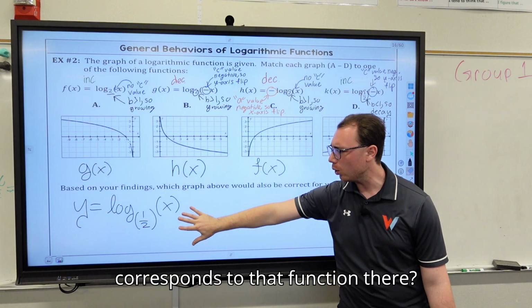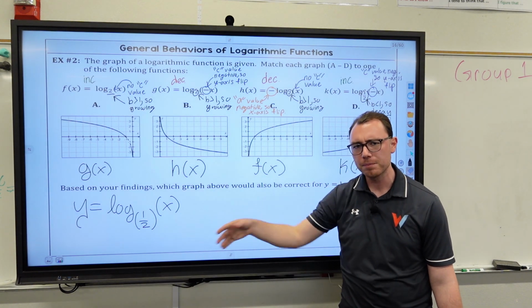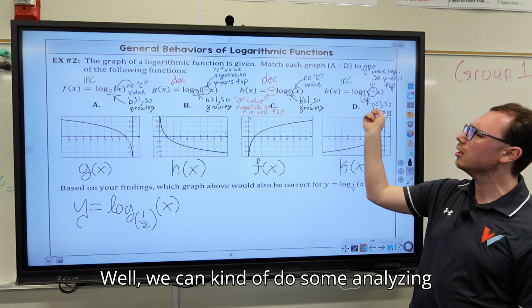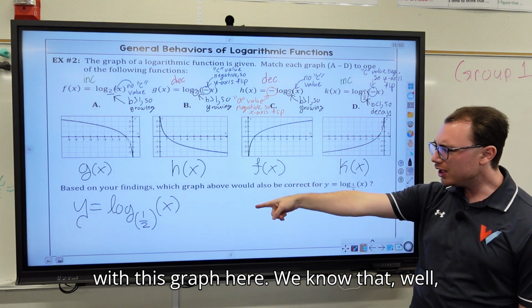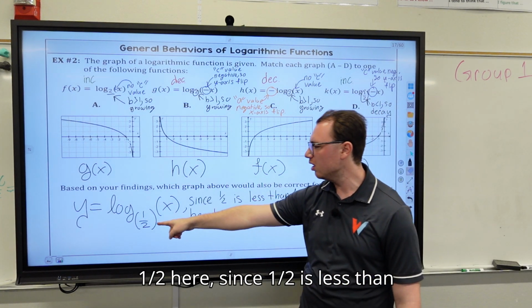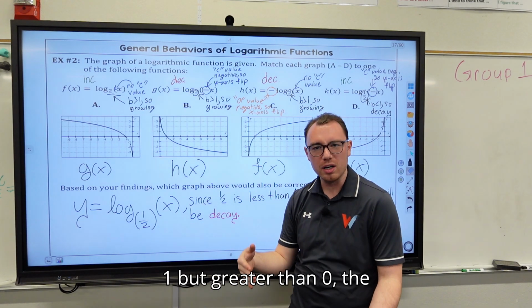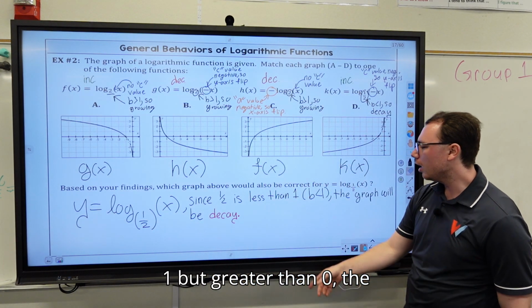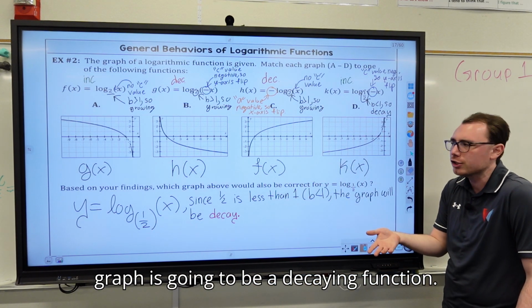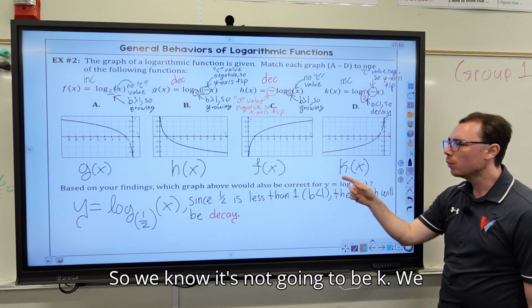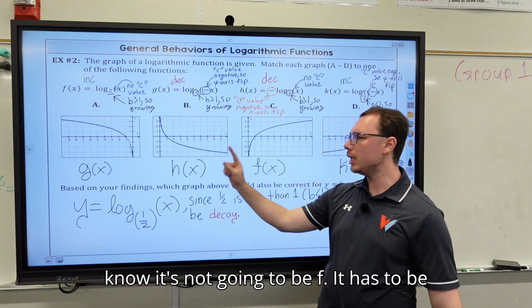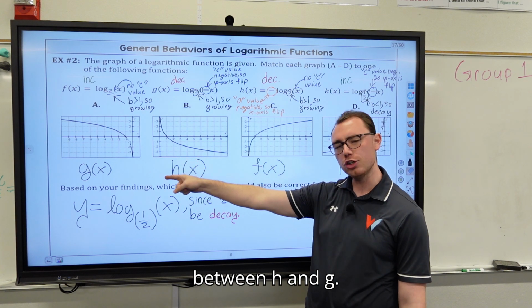Which graph corresponds to that function there? Well, we can do some analyzing with this graph here. We know that since 1/2 is less than 1 but greater than 0, the graph is going to be a decaying function. So we know it's not going to be k. We know it's not going to be f. It has to be between h and g.